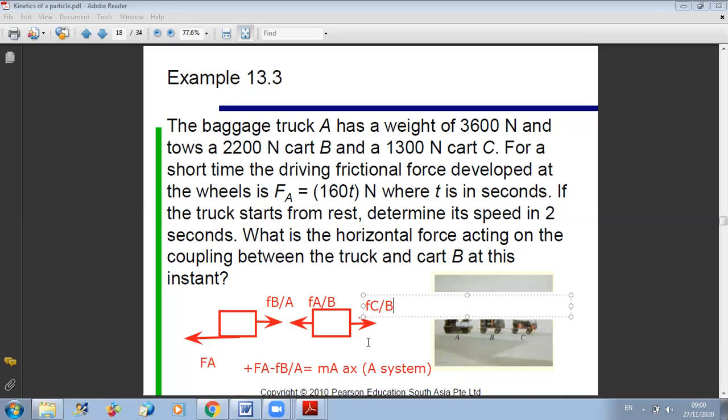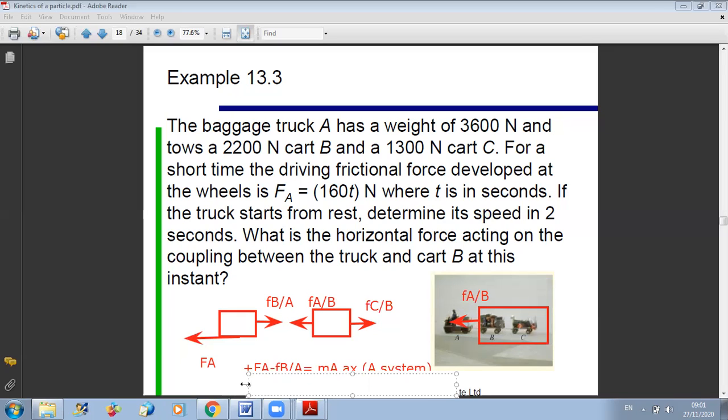Instead, you should take B plus C, because if you take B and C together, then the internal force between B and C will not appear, and the only external force acting on them will be the action of A. So this is F of A on B. So to find F of A on B, you can take either A alone or B plus C. If I take B plus C, my equation is F of A on B equals, since I considered system B plus C, MB plus MC times AX.